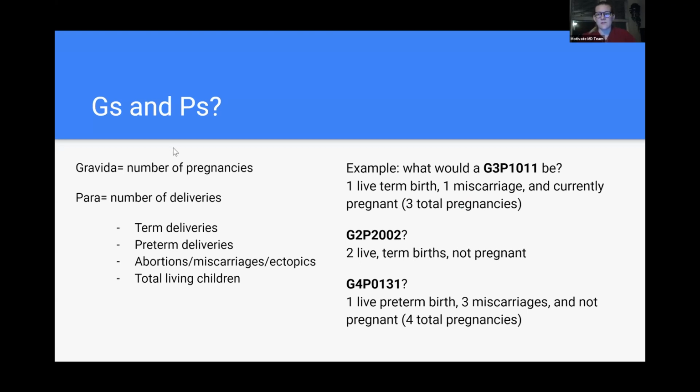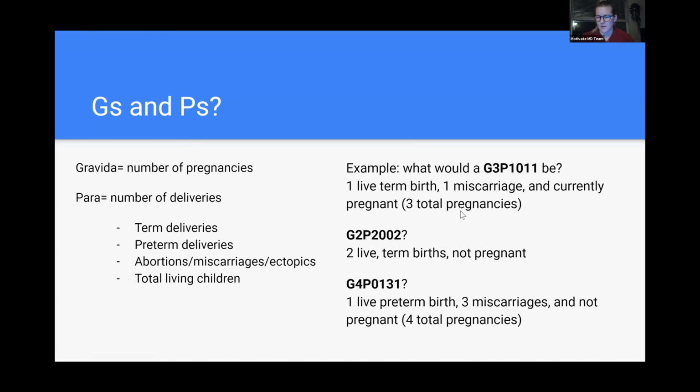With her being pregnant right now, this is her first pregnancy, so she's a G1, and then P is the number of actual living children that you have. So she's P0 because she hasn't had her baby yet. But this is further broken down into term deliveries, preterm deliveries, miscarriages, abortions, and ectopic pregnancies, and then your total number of living children. So there are actually 4 numbers that come after the P.